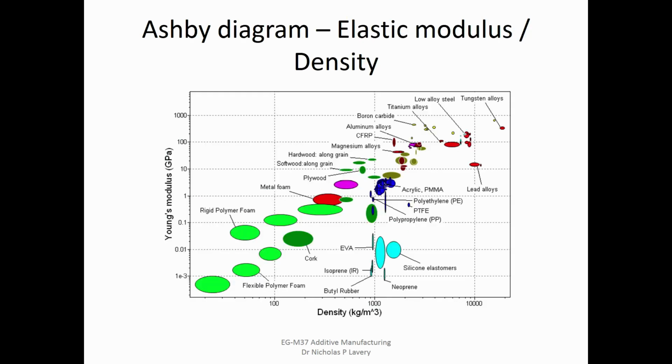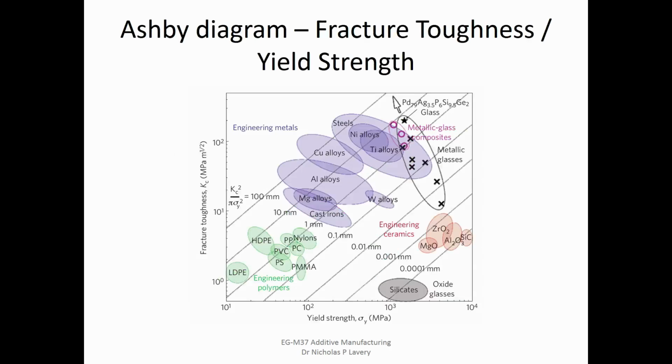And selecting a material, so this is, I'm sure you've seen these before. Again, there's a typical Ashby diagram showing density versus Young's modulus there. So you can see our high-end alloys for aerospace up on this higher density range and having the high stiffness by Young's modulus.